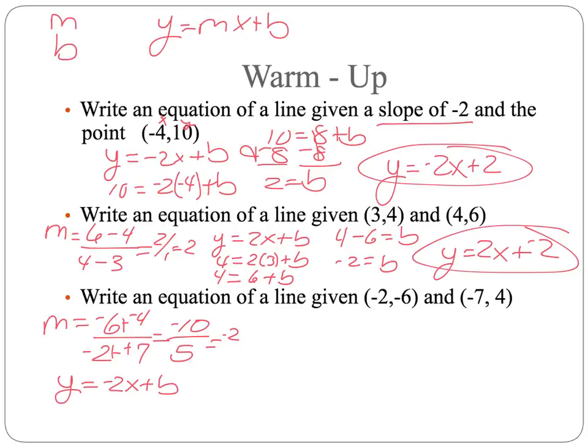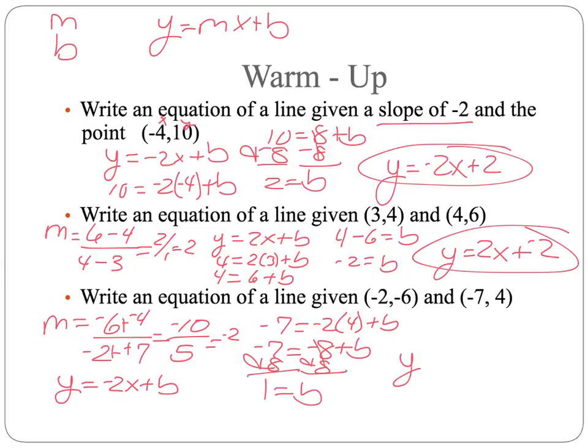I'm choosing negative 7 and 4. There's fewer negatives. Negative 7 equals negative 2 times 4 plus b. Negative 7 equals negative 8 plus b. I'm going to add 8 to each side. I get 1 equaling b. Final equation, y equals negative 2x plus 1.